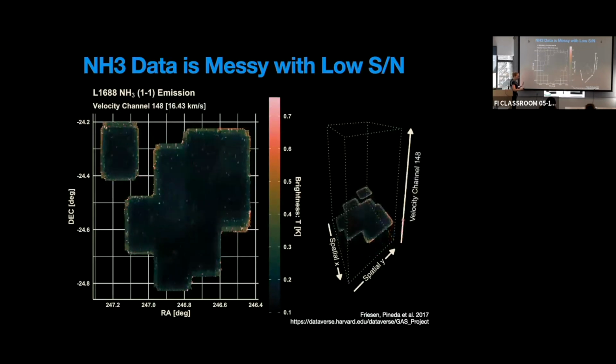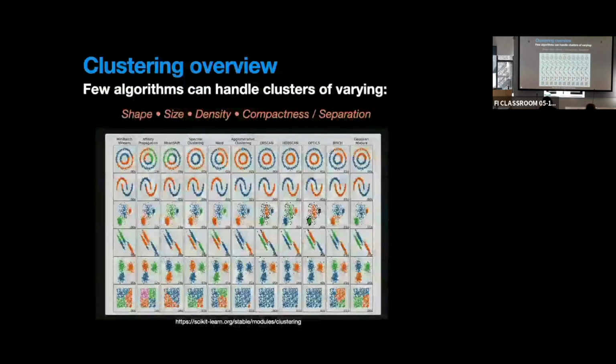If we go from scratch with machine learning, what you would do is go to scikit-learn and say, all right, find me a clustering algorithm. There are so many choices. Surely one of these can pick out structure intelligently. It turns out that very few of these can handle clusters that have different shape, size, density, compactness, and separation. You can see HDBSCAN, DBSCAN over here, and the Gaussian mixture model.